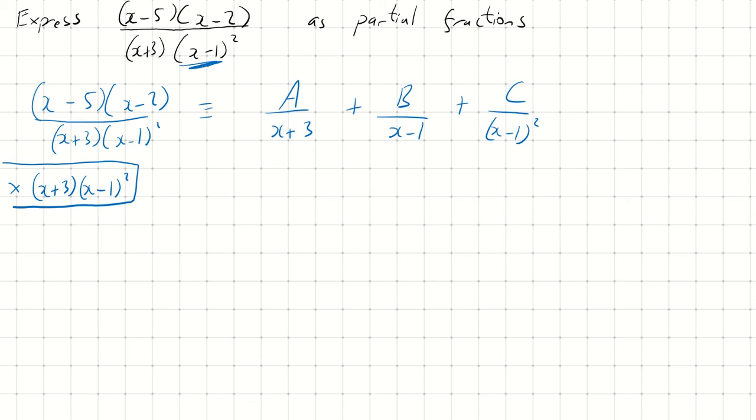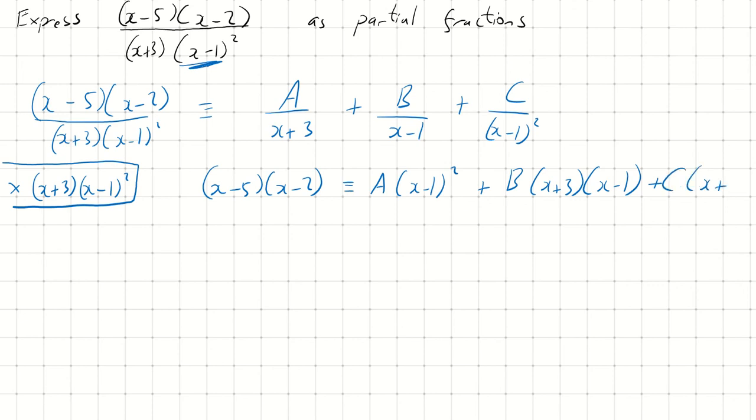Then the left-hand side just gives (x − 5)(x − 2), and the right-hand side gives: A over (x + 3) times (x + 3), the (x + 3) cancels out, so we get A(x − 1)². For B, we have an (x + 3) on the top, one of the (x − 1)'s cancels, so we get B(x + 3)(x − 1). And for C, when we multiply by (x + 3)(x − 1)², the (x − 1)² cancels, so we just get C(x + 3).